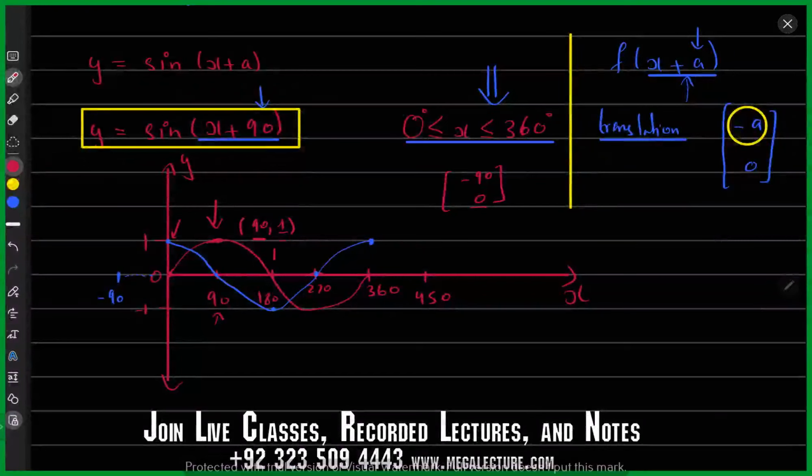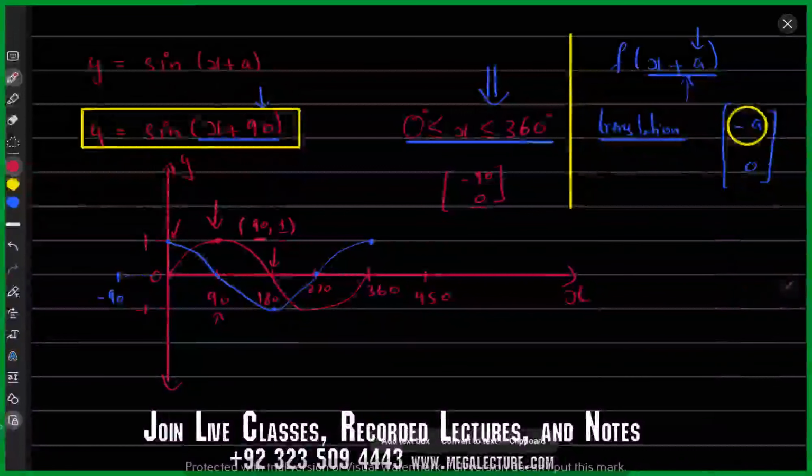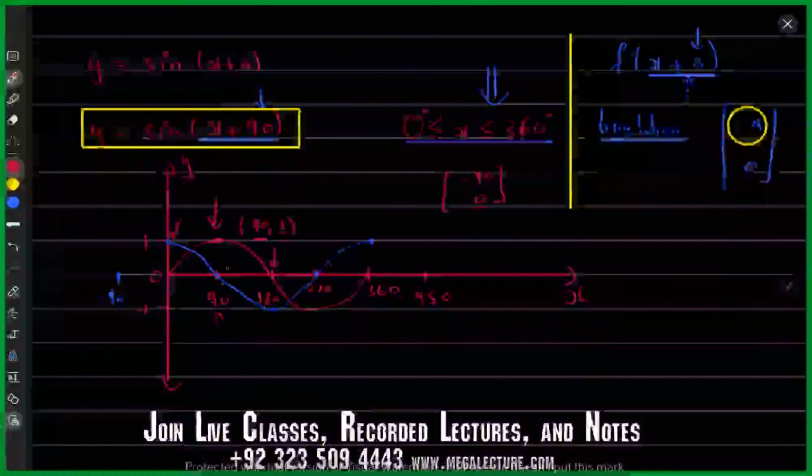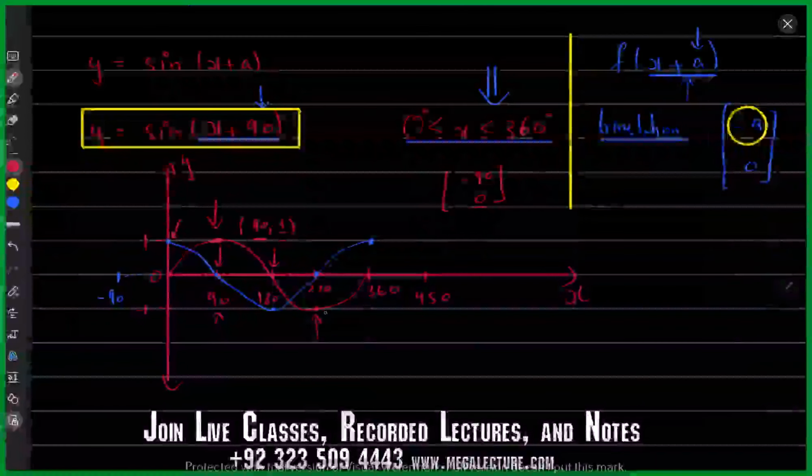If I talk about this point, it was with y equals 0 and x equals 180 degrees. I've moved it 90 units to the back. And what about the y coordinate? It is still 0. Let's talk about this point. At this point, x is 270 and y is minus 1.